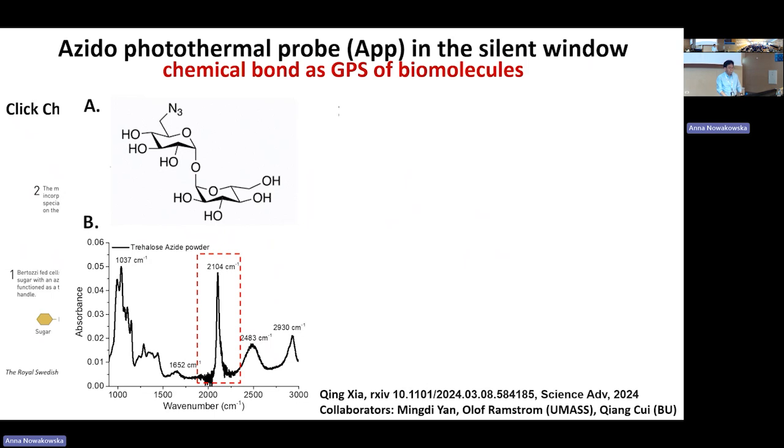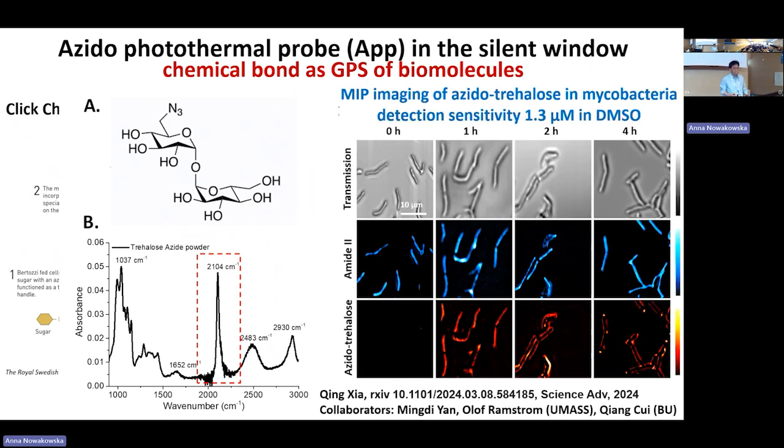The azide actually gives a very strong signal around 2100 wavenumber. And we have used a molecule called azidotrehalose, which Professor Bertozzi used to develop click chemistry 20 years ago. So this molecule actually makes the cell wall of the mycobacteria, which is a model system for TB infection. So we showed that in DMSO, we can reach a detection limit of 1.3 micromolar for azide.